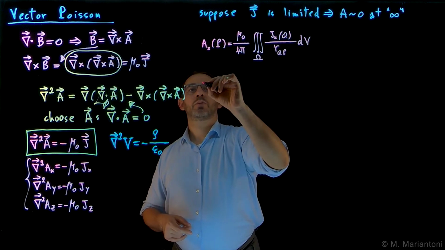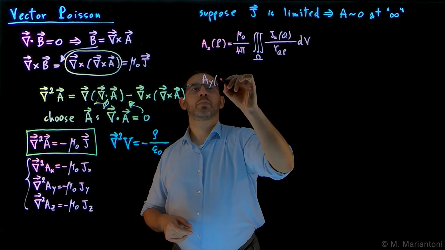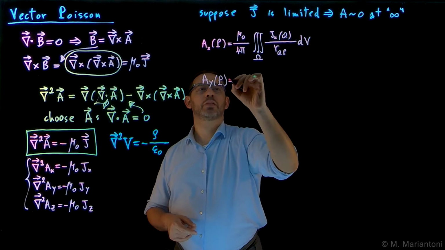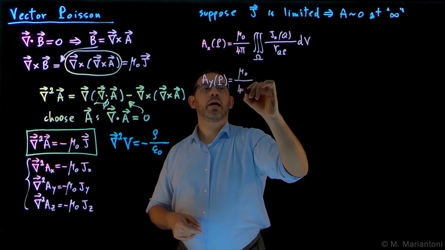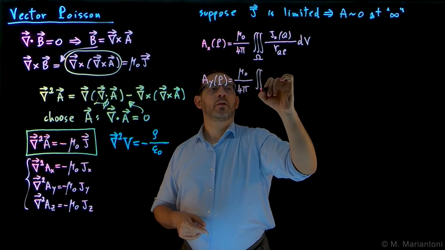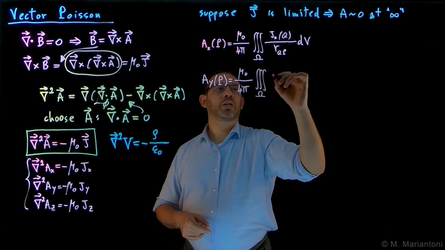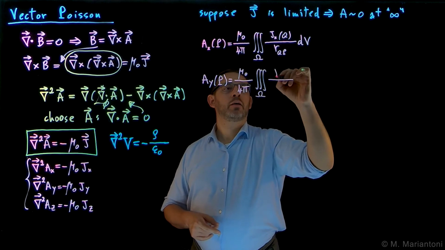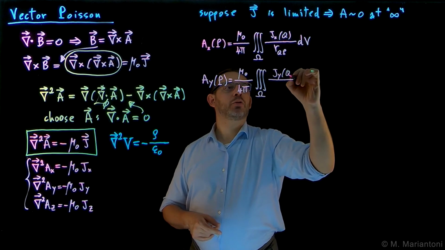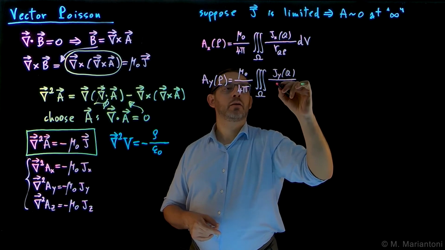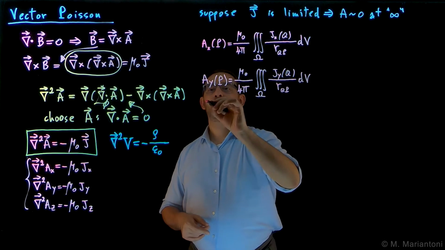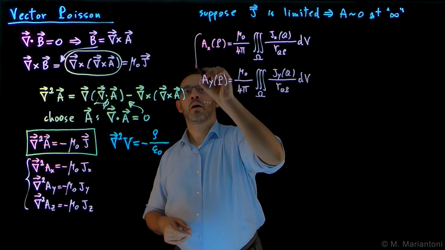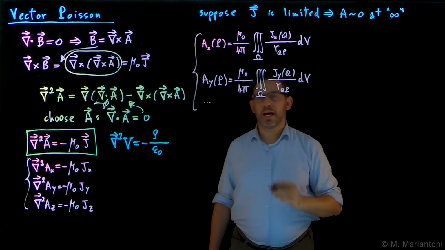And similarly, we obtain a similar expression for y and for z. I will only write the one for y, and I let you write down the one for z, which clearly is also a Coulombian type solution. So this would be jy of Q divided by rQP dV. And the same thing again for az, and I'll let you do that.